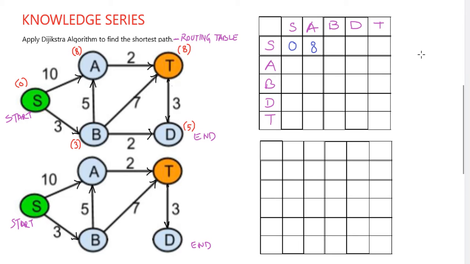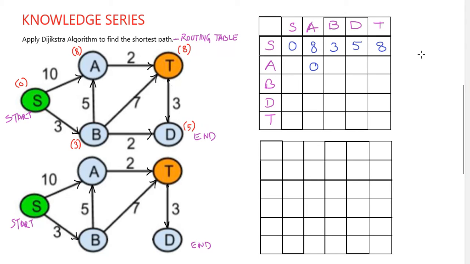Similarly to B, it is 3, and to D, it is 5, and to T, it is 8. Next we will do the same thing from a given point, A. A to A is what? It is 0.